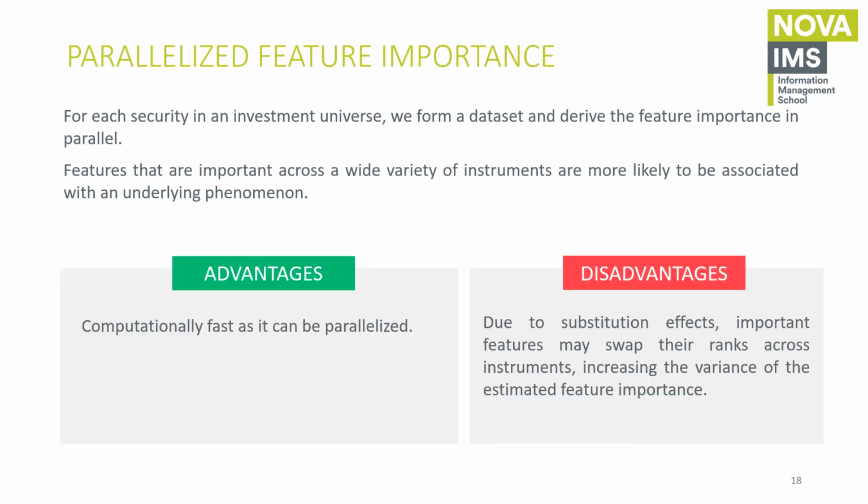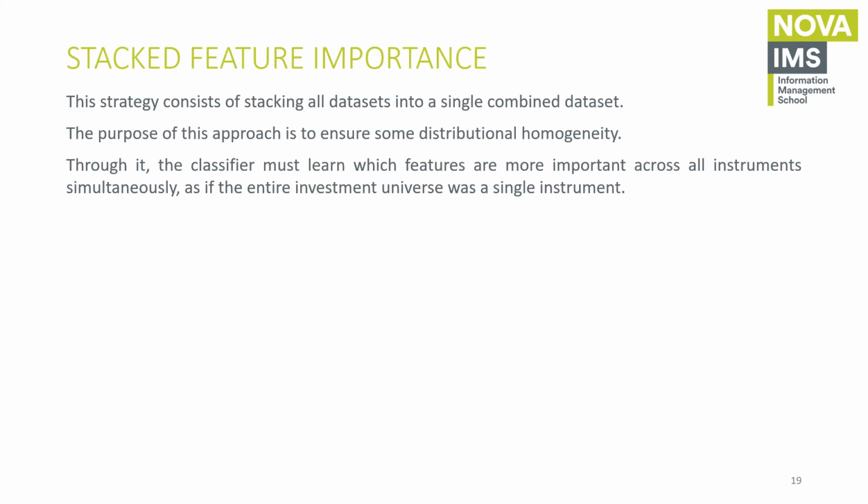What are the advantages of this approach? Well, namely, it can be computationally fast as it can be parallelized. However, there are some disadvantages. For instance, due to substitution effects, important features may swap their ranks across instruments, increasing the variance of the estimated feature importance.